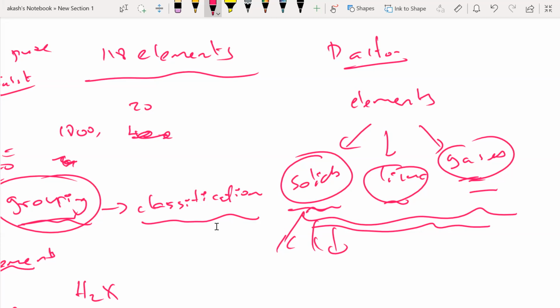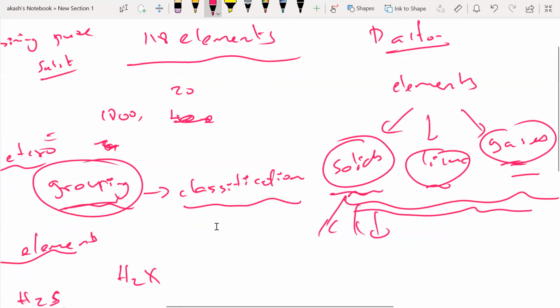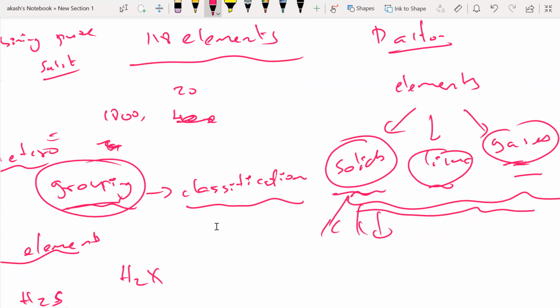So we understand the first question is, why do we go for classification of elements? It will make us study the elements more efficiently. It is easier to study elements in groups rather than individually. And if a new element is going to come, how it is going to react can also be predicted.